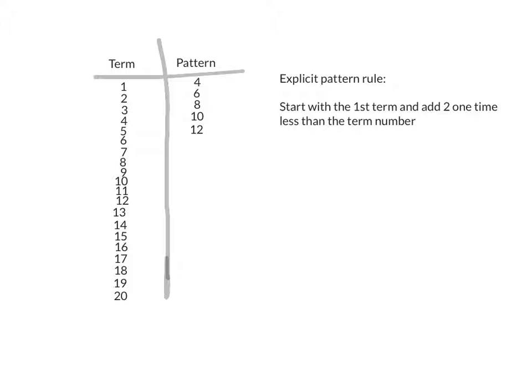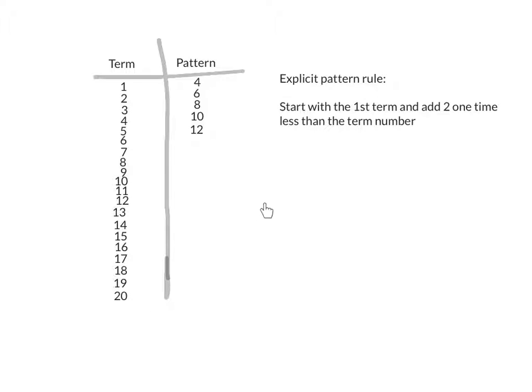So our explicit pattern rule is start with the first term and add 2 one time less than the term number. So our goal term number is 20. So it says add 2 one time less than the term number. So one time less would be 19.